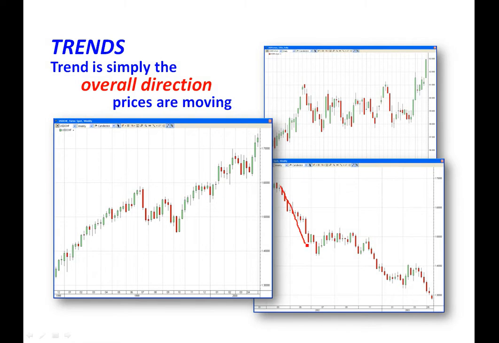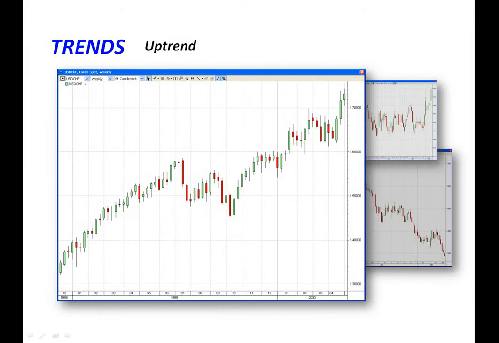This is a downtrend market, where the market comes down and comes down further. Here, the market is without direction, not knowing where it is going yet. First, we're going to talk about uptrend.